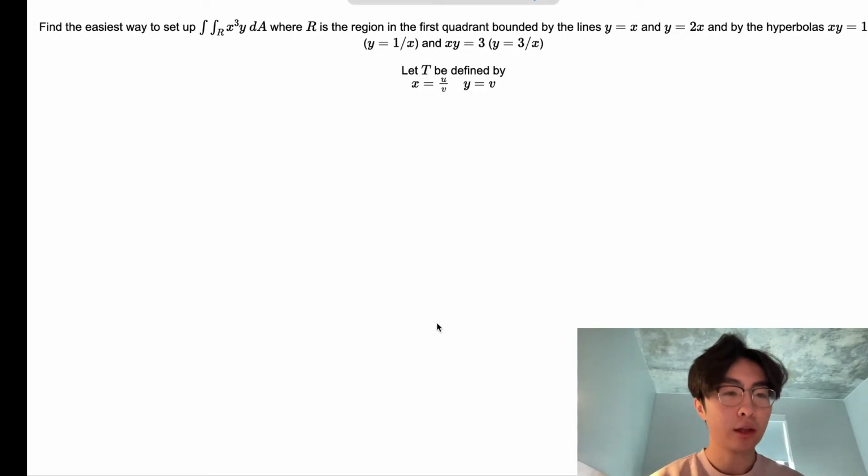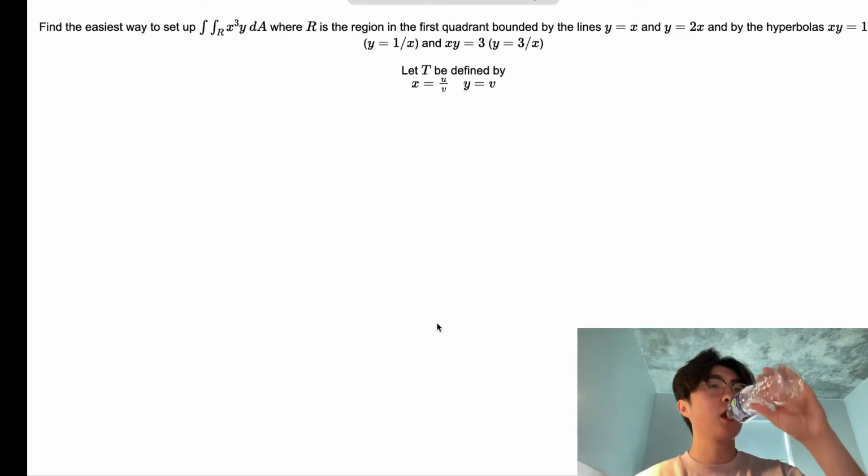So what does the double integral of a region represent?